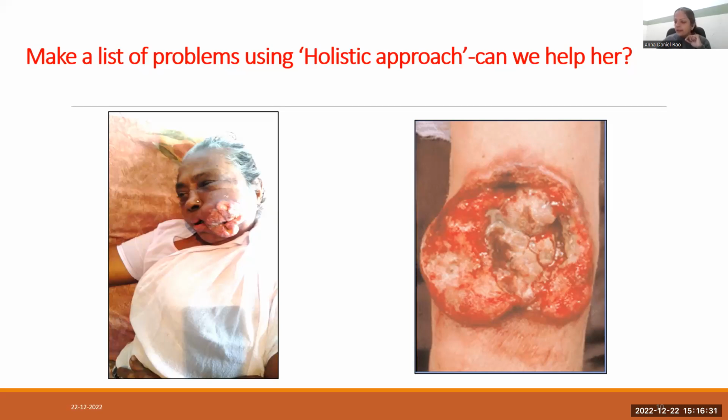Anything else remaining? Yeah, large amount of discharge, financial, yes, pain, painful dressing, social isolation, right?